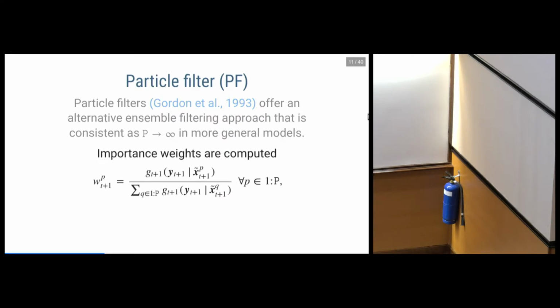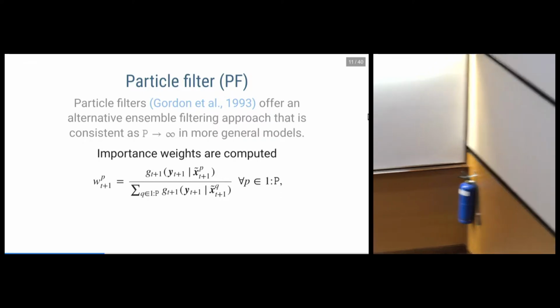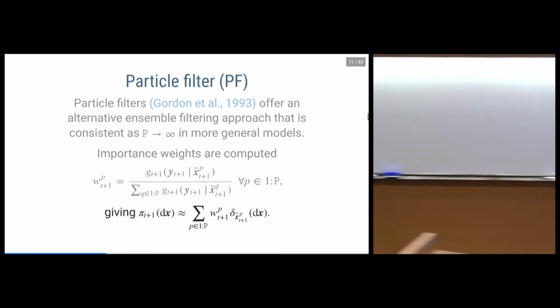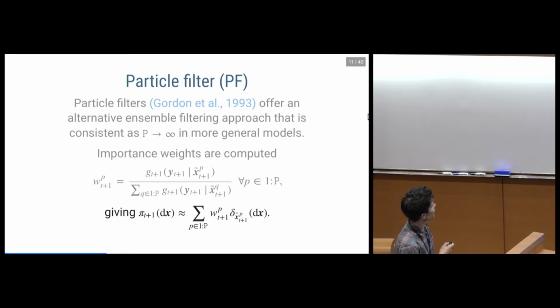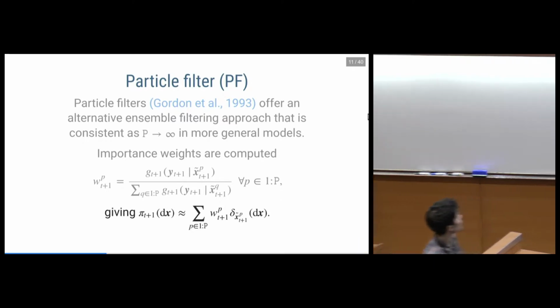The basic idea is we recursively apply an importance sampling type algorithm. So we define importance weights just in terms of the observation densities evaluated at the current particle values, and then normalize these. And this then gives, given the predictive ensemble, an importance-weighted empirical approximation to the filtering distribution at the next time step.